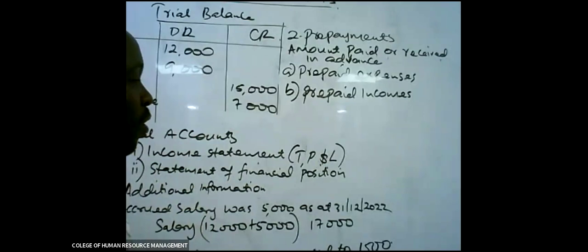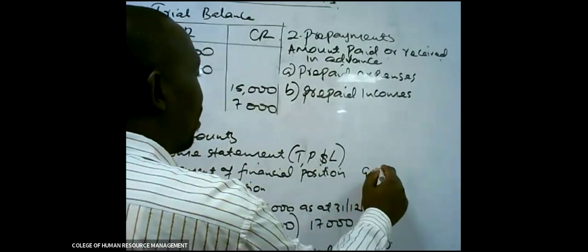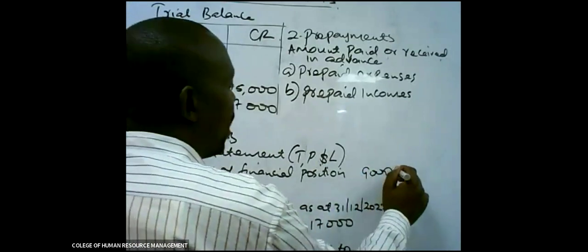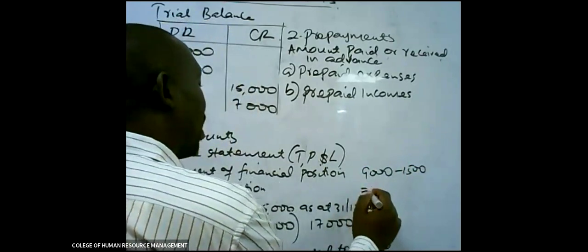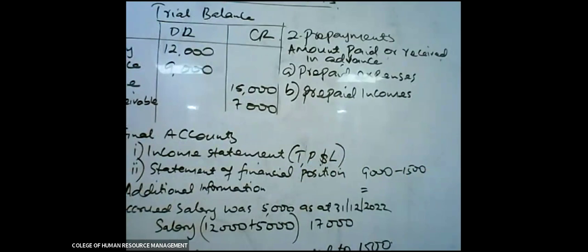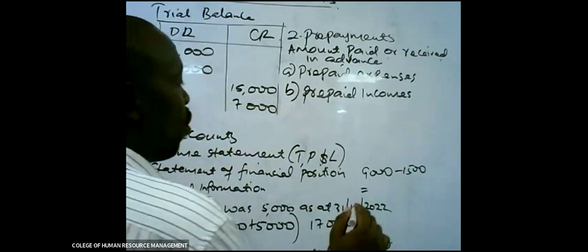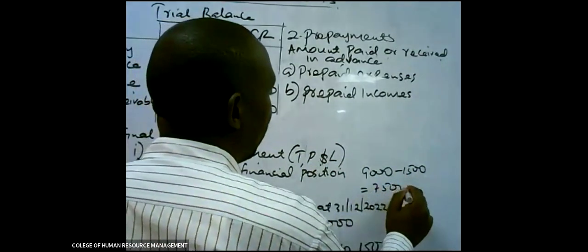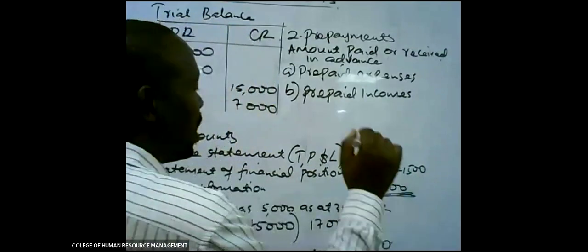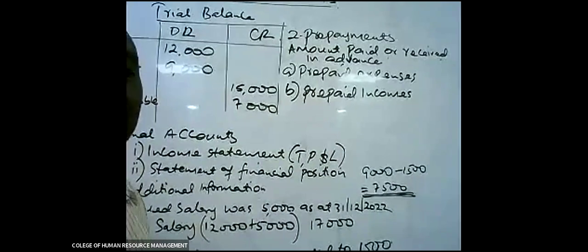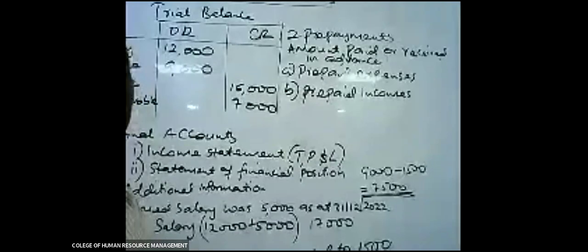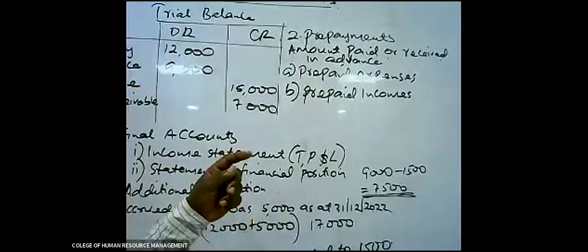We take the 9,000 that was received, we minus the 1,500 that was prepaid, then we record that in that financial year, what we were supposed to receive was only 7,500. So the insurance expense for that year is 7,500. Don't use the 9,000 now.